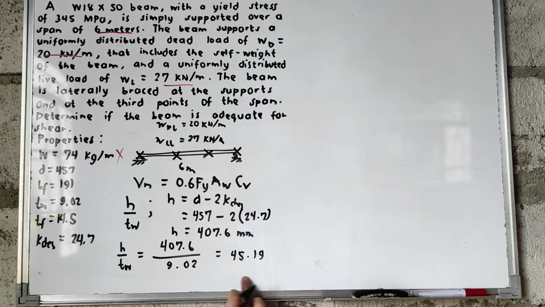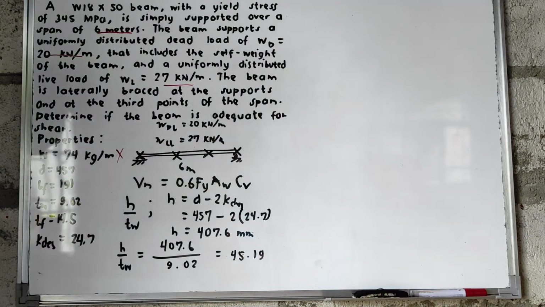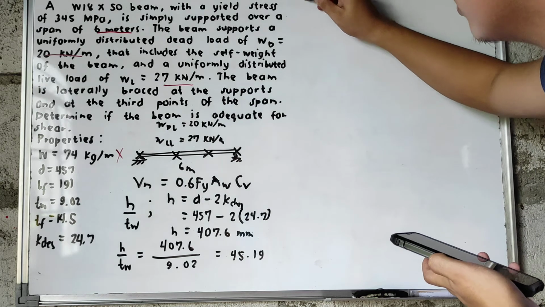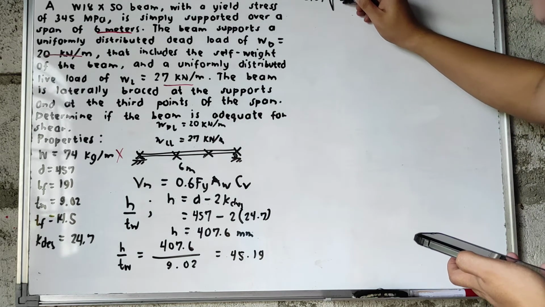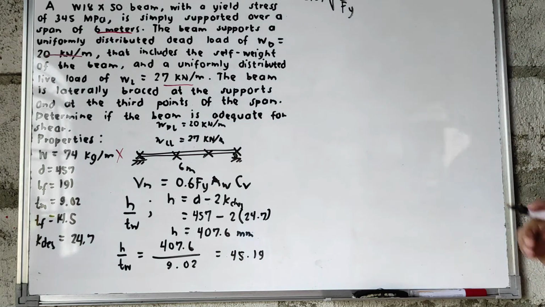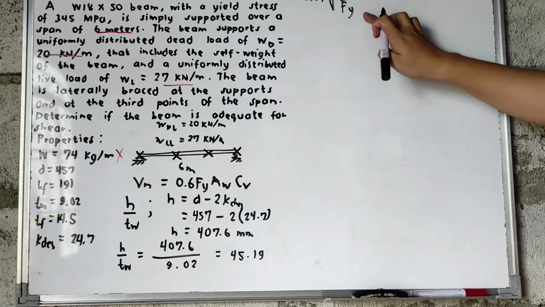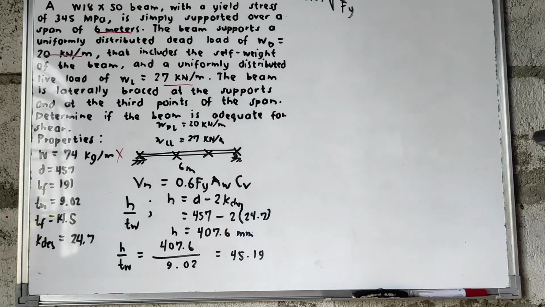And this one, yung nakuha nating ratio na to, we're going to compare that to 2.24 square root of E over Fy. So we have a value of our E na 200,000 megapascal. Yung Fy naman natin, ito yung nasa problem natin na 345.